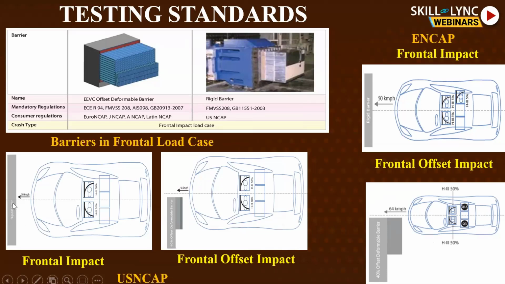Now you can see that in the case of US NCAP, the value for frontal offset impact is 56 km per hour, while in the case of Euro NCAP it was 64 km per hour. So there are different regulations in different countries based on their requirements, and they have decided their own new car assessment programs. If it is not there, then obviously countries like us are coming up with our own new car assessment programs. So we are going global.